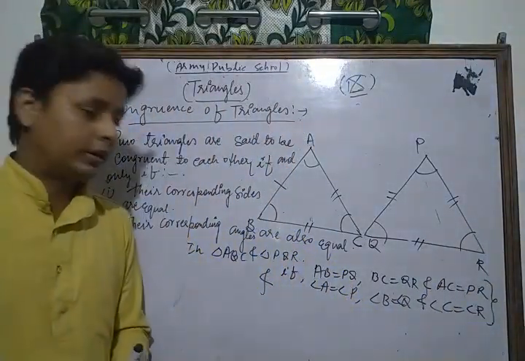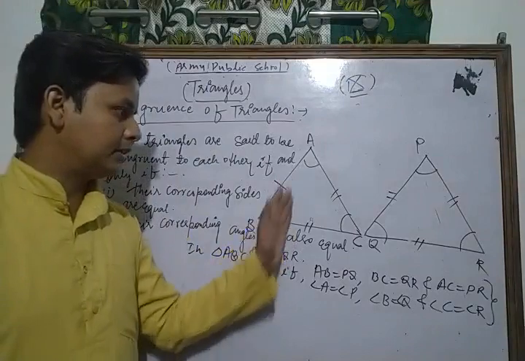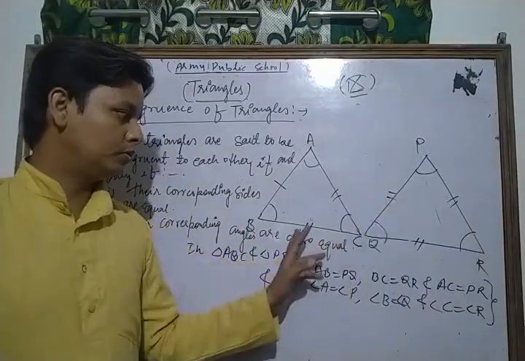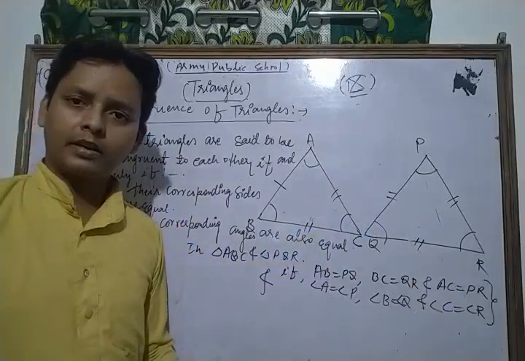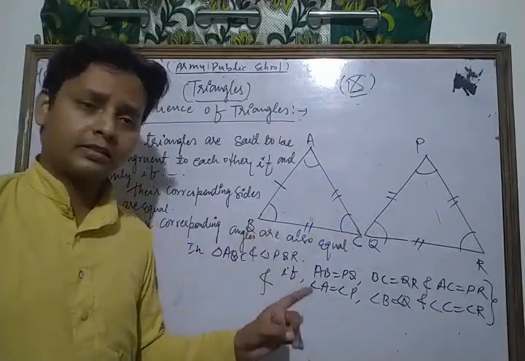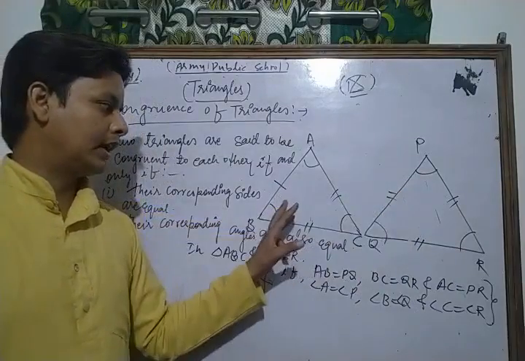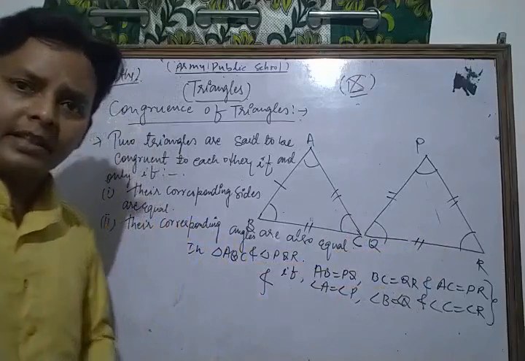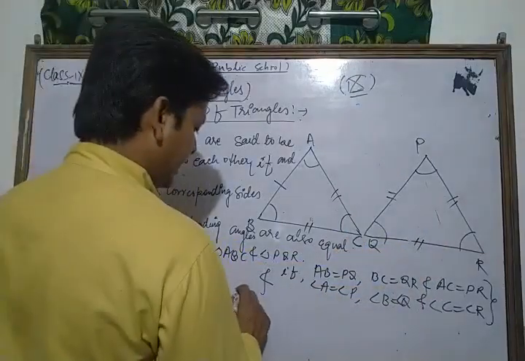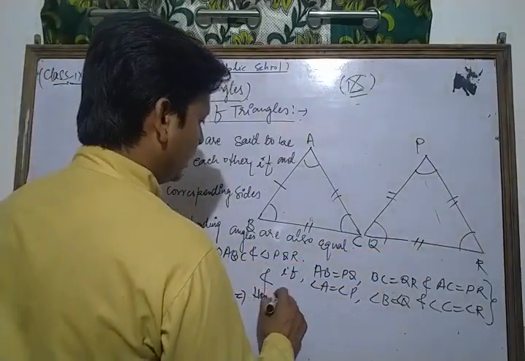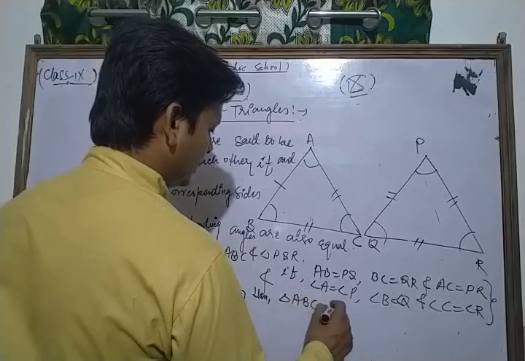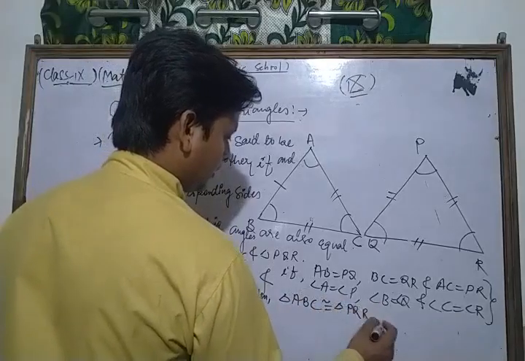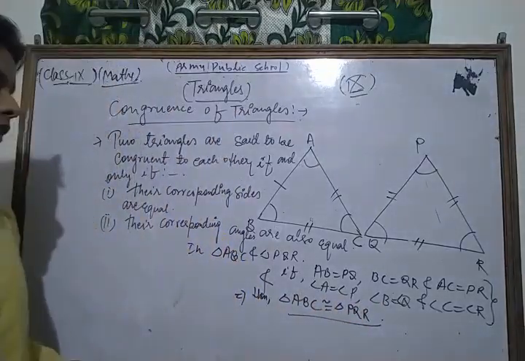So if in triangle ABC and triangle PQR, their corresponding sides AB equals PQ, BC equals QR, and AC equals PR, and their corresponding angles are also equal, meaning angle A equals angle P, angle B equals angle Q, and angle C equals angle R, then we can say that triangle ABC is congruent to triangle PQR.